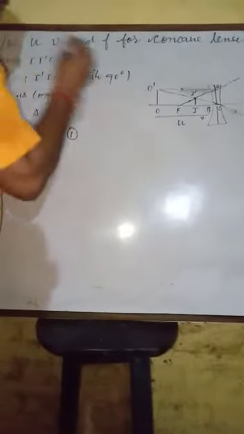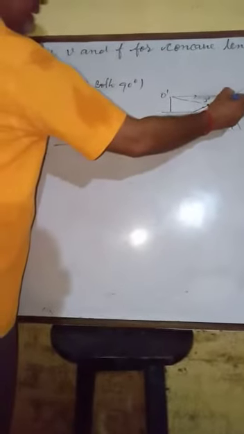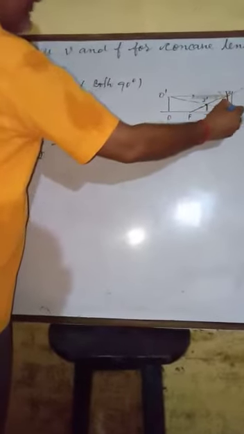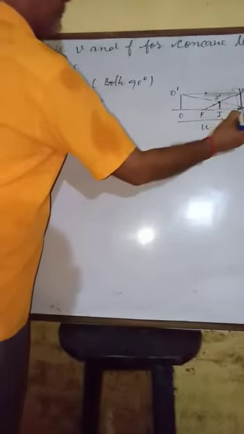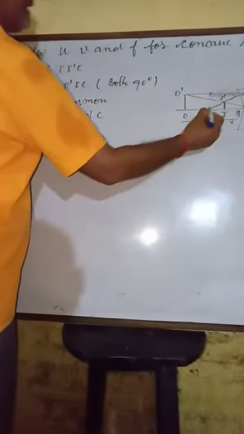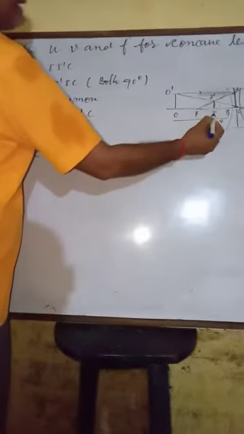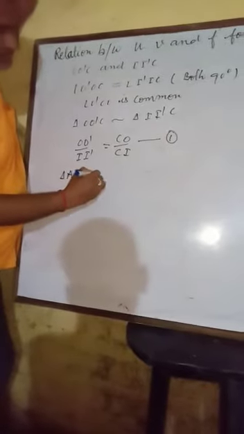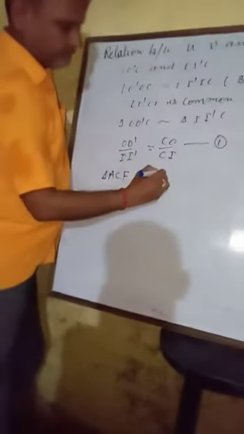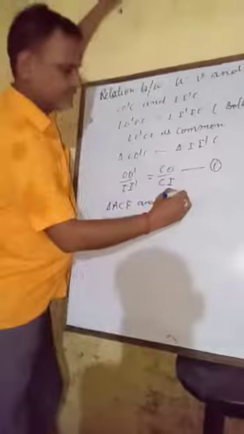In the same way, again we take two triangles, ACF and I dash IF.